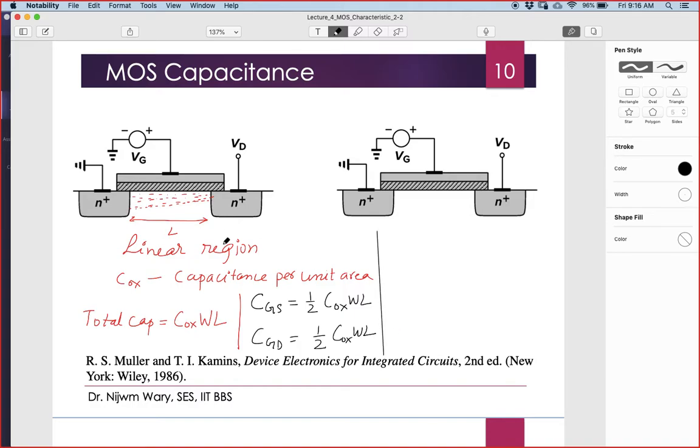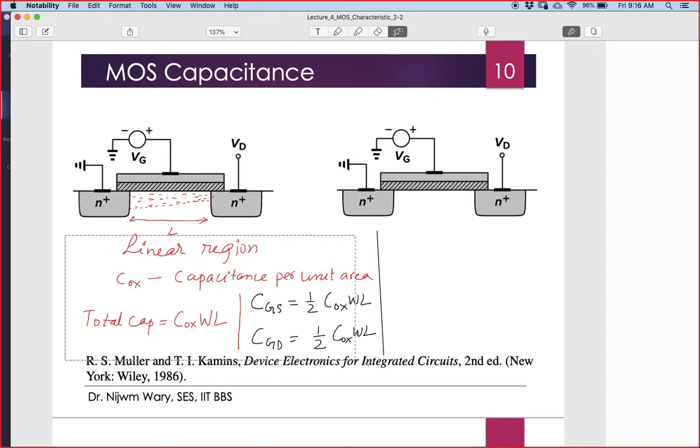This is the case when the transistor is in the linear region. The pinch off has not formed, and the whole capacitance COX WL gets divided equally, half COX WL for CGS and half COX WL for CGD. Now this is the case of the depletion capacitance.